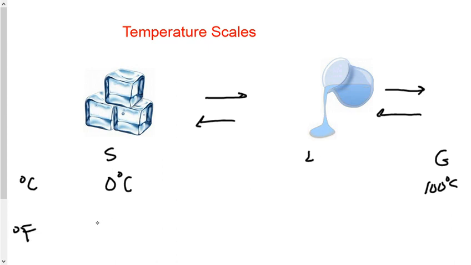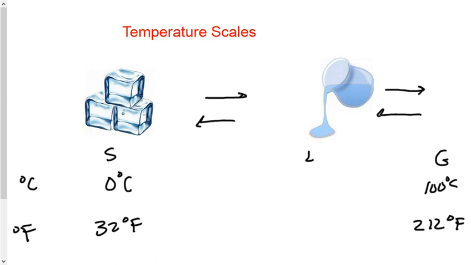Well, we call this one 32 degrees Fahrenheit, and this one is 212 degrees Fahrenheit. Both of those are called degraded scales, because we establish one temperature and another temperature and then simply break it into pieces, 1 degree in between each, and likewise with our Fahrenheit scale.